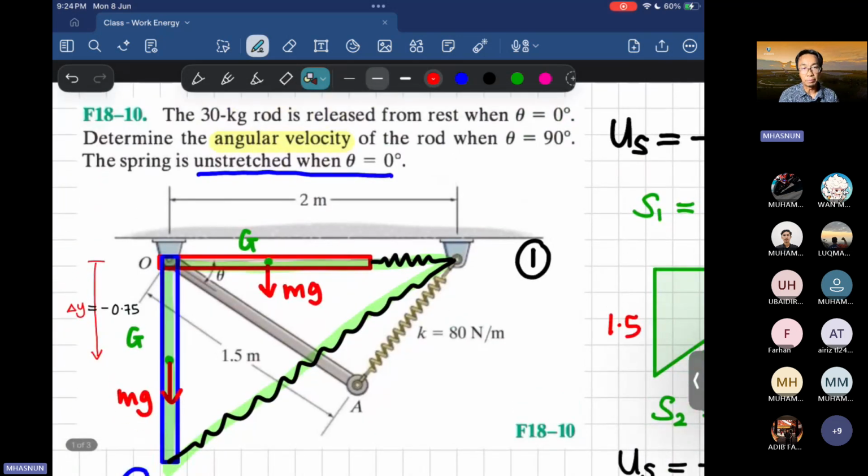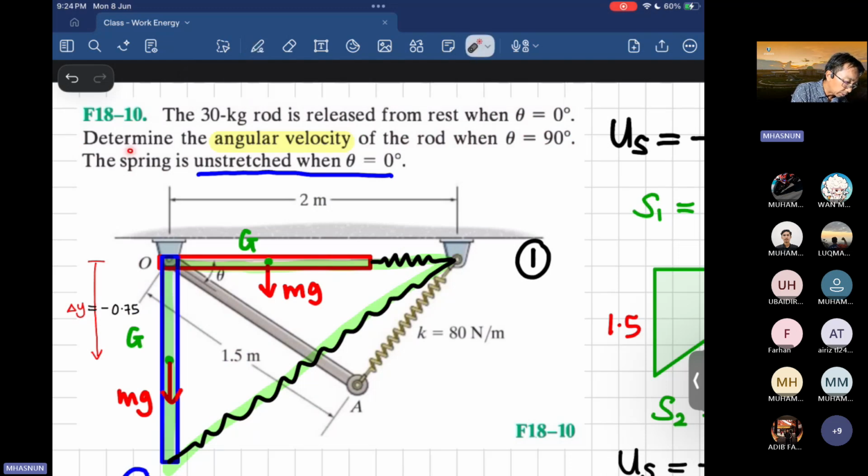It means the condition of the spring when it is unstretched. In the question, it is stated that the spring is unstretched when theta equals to 0. Meaning at the first position, theta equals to 0 is when the rod is in a horizontal straight position. So the spring at this moment is unstretched. This is the original length of the spring.